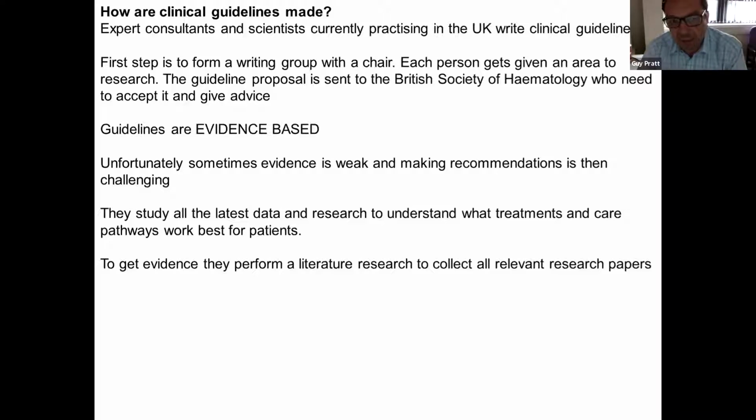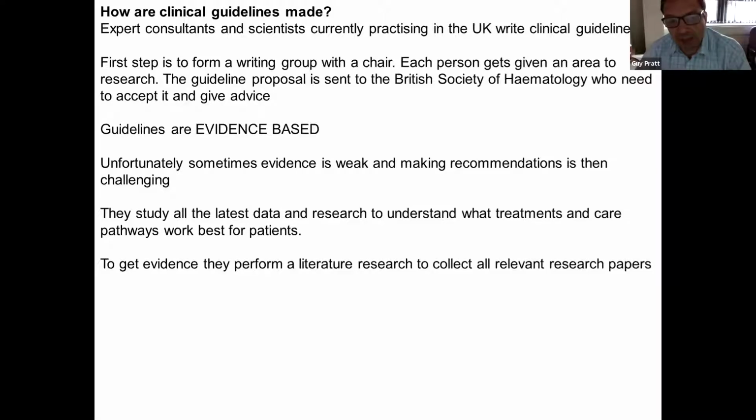And then that writing group gets together and they will divvy out work. So, for example, I might be given supportive care to look at, or Dr. Desar will be given looking at newly diagnosed patients and how we treat them. So Roger Owen, for example, who's very strong in the diagnostics, would be given the area of the initial diagnosis and the bone marrow interpretation.